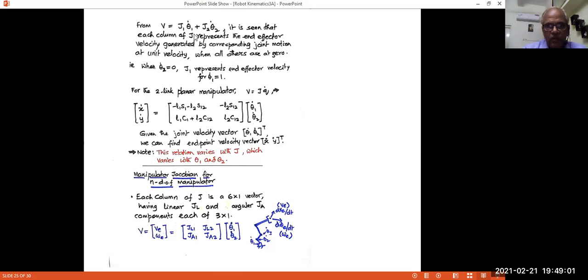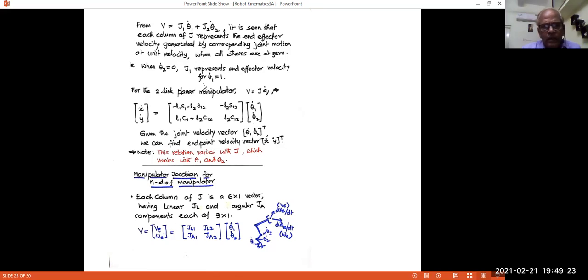Similarly, when theta 1 dot is equal to 0 and theta 2 dot is unity, the velocity will be only equal to the second column. As you can see, the first column is influenced only by the first joint, the second column by the second joint, and so on. There will be as many columns as the degrees of freedom.